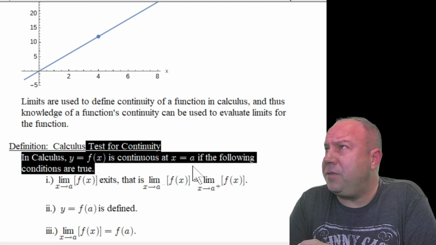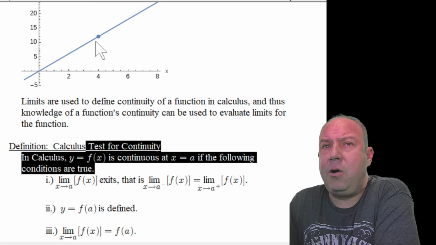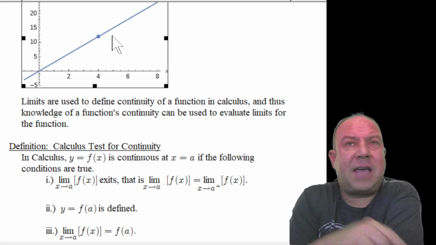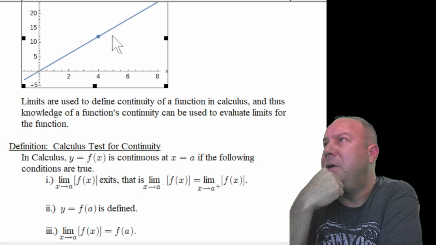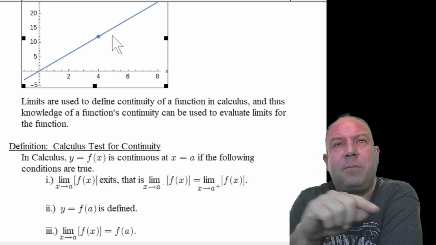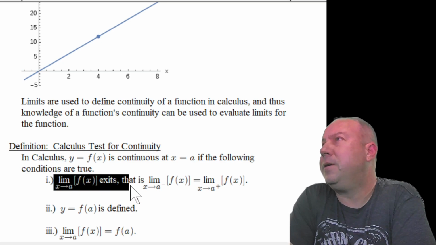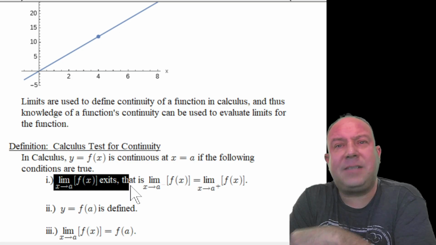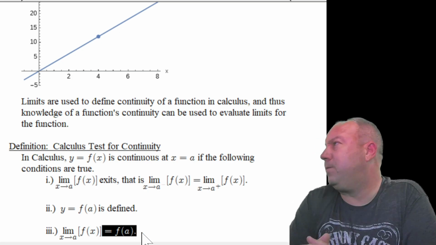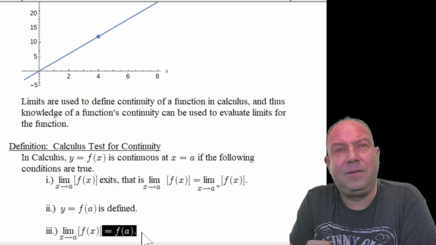So there's some implication from that. When we know that a function is continuous at the value where x equals a, we know that the two-sided limit exists there, because it has to from the first condition. And we know that it has to be equal to a defined value, that value being f of a.